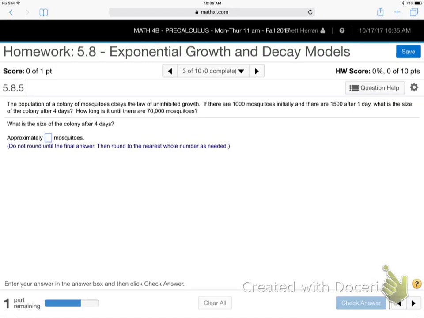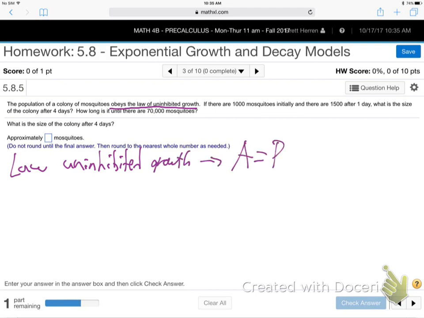And there's some kind of breed of mosquito in town that's troubling and dangerous. All right, so the population of a colony of mosquitoes obeys the law of uninhibited growth. Whenever they say that phrase, obeys the law of uninhibited growth, they mean use the PERT formula.